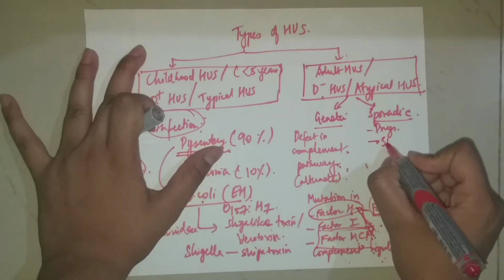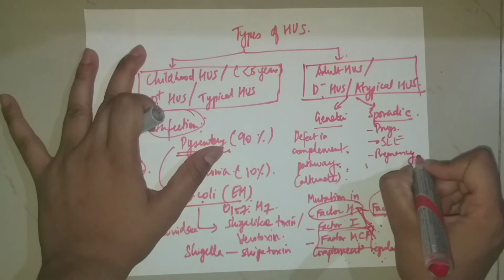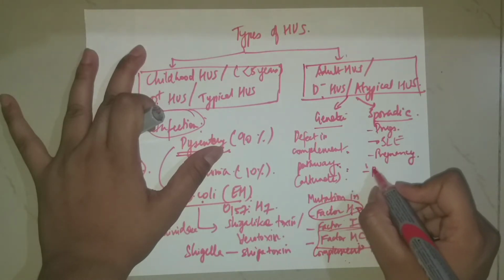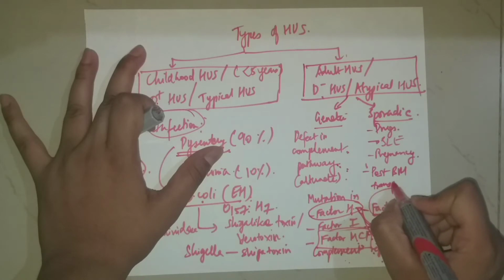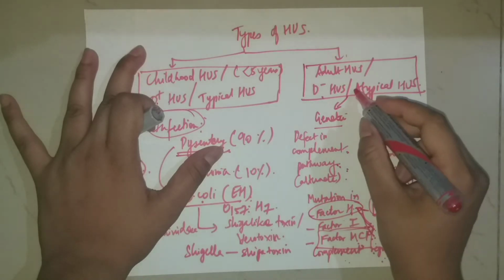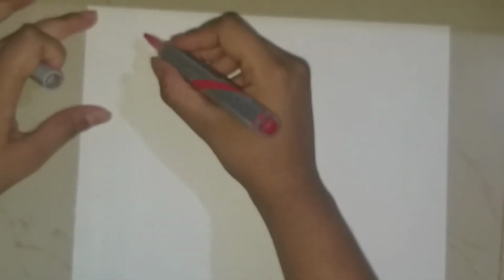Also it can be caused due to SLE or pregnancy, or post bone marrow transplant. So these are all possible causes of adult HUS. Okay, so now that we have talked about types of HUS, now we'll move on to clinical features.